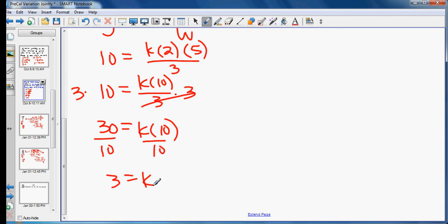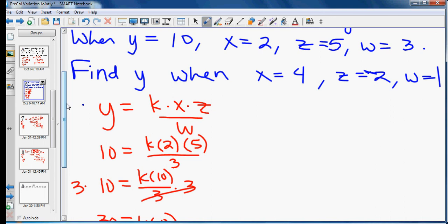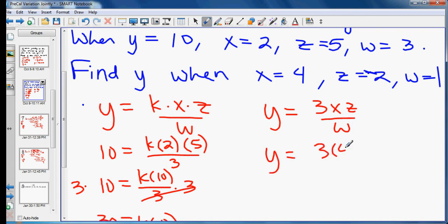So now, using that first set of information, I know what k is equal to. I know the constant of variation. It is 3. So I can write the equation as y equals 3 times x times z all over w. Now I can solve the problem they ask, which is to find y when x equals 4, z equals negative 2, and w equals 1.